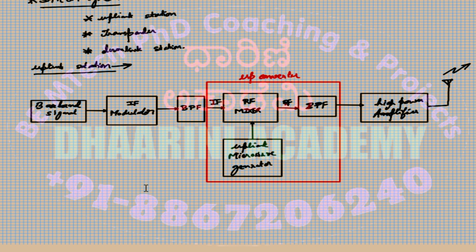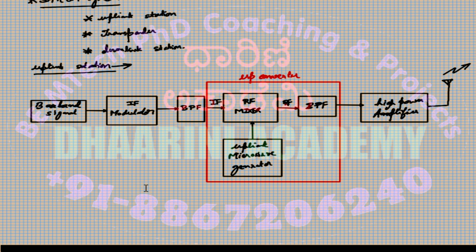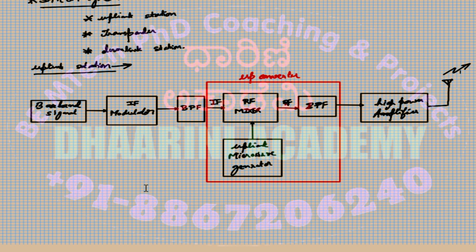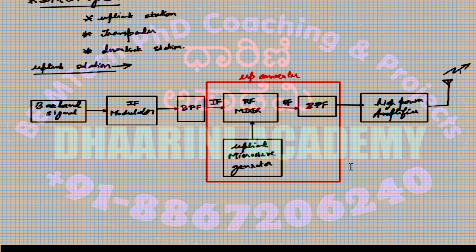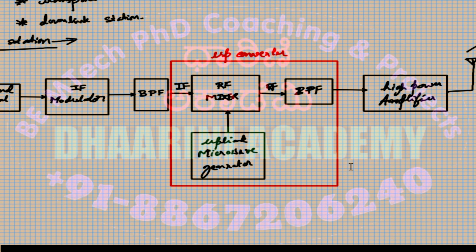Then we'll put that onto the microwave range of frequency, RF. Then select the appropriate frequencies out of it. Give a lot of power to that by using a power amplifier. Then transmit. So that is the first part. Now the second part.